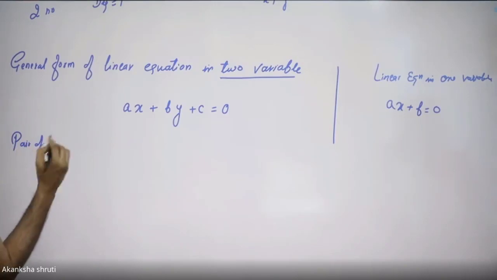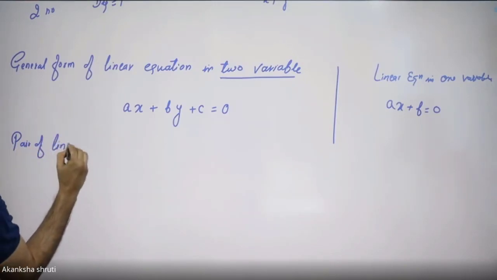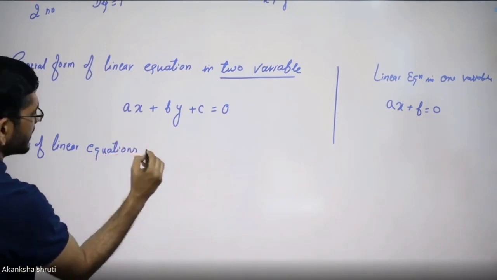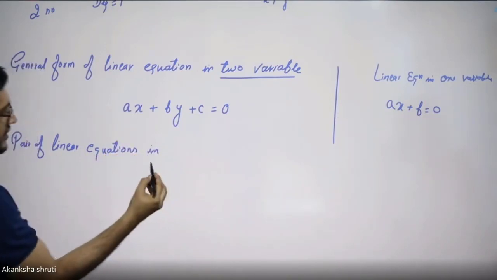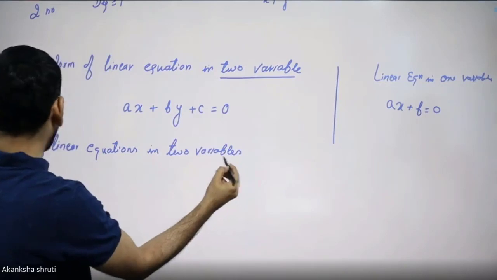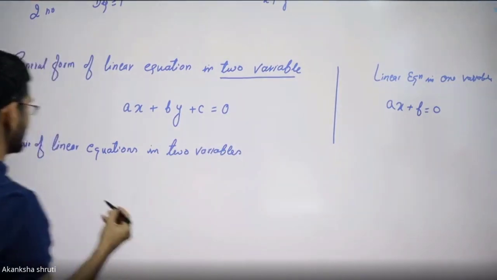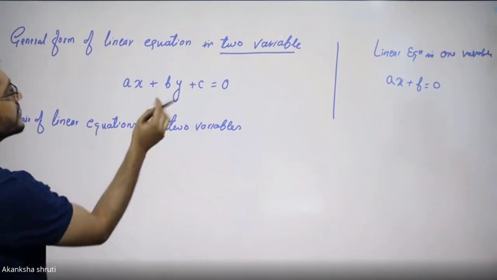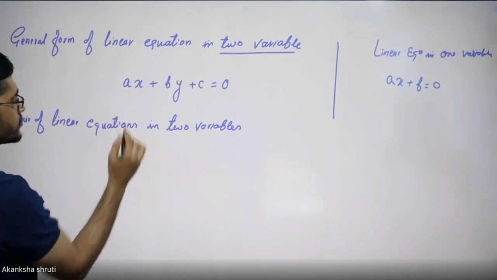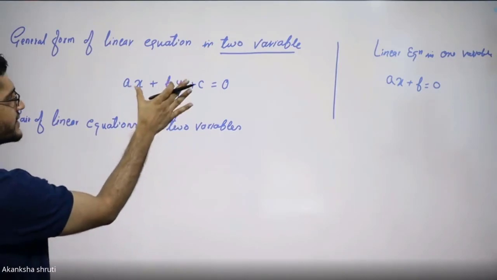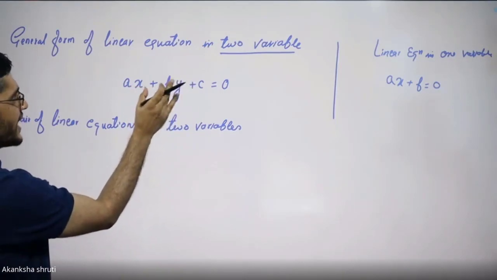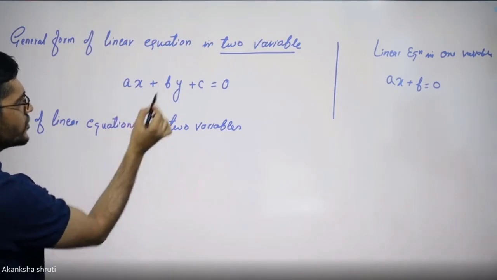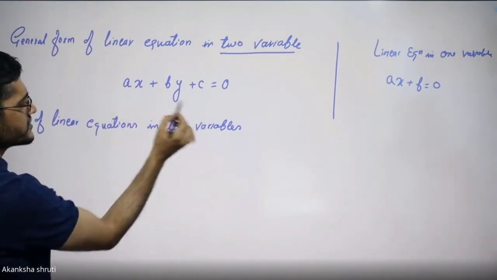A pair of linear equations in two variables means linear equations in two variables, but we have to write two such equations. To write in simplified form and containing the same variable, same kind of constant, we are using suffixes like a1, a2, b1, b2, c1, c2.